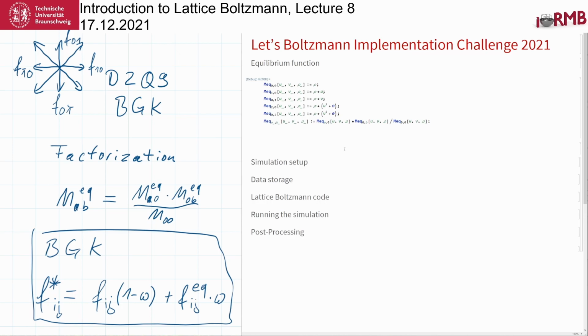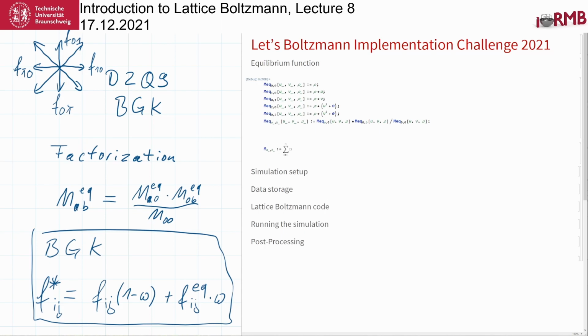These are now not equilibrium moments, but arbitrary moments, so they are also dependent on A and B. And our definition of the moment is of course the sum over I and J, and we start here from I equals minus 1, and this goes to 1.